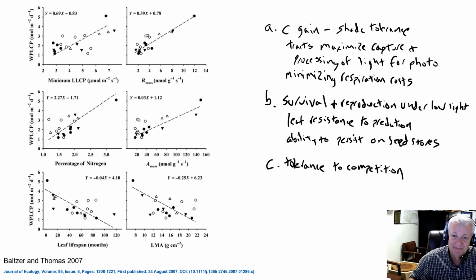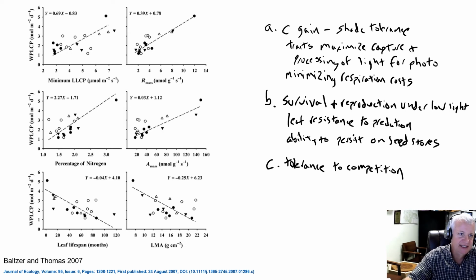And when you think about it, persisting in the understory, one of the stresses of living in the understory is that you are a shallow-rooted seedling that is there competing with the roots of larger trees around you. So it may be that one attribute of shade tolerance is the ability to tolerate competition. So that's pretty intriguing. So let's look at some examples of traits.